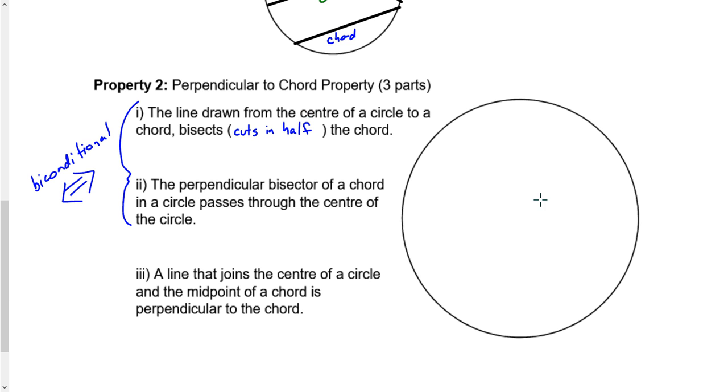So meaning, if you have a chord, and if you draw a line from the center of a circle to a chord, so our center of our circle is right there, and if you draw a line to a chord, I see what I missed. I missed a word in here.